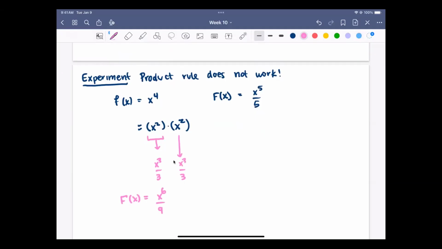This is just a demonstration of the fact that the antiderivative of f of x times g of x does not equal capital F of x times capital G of x.